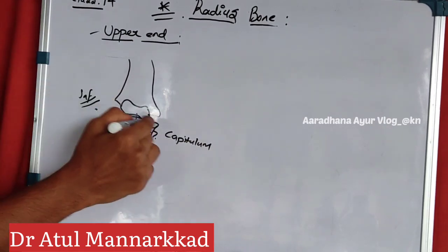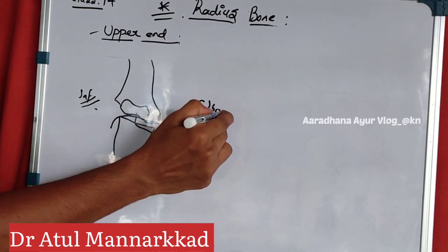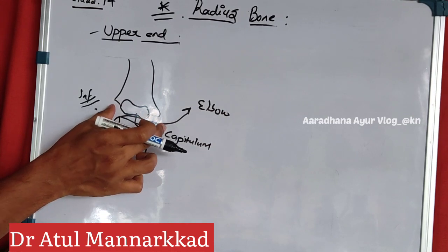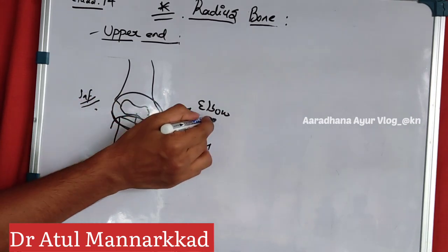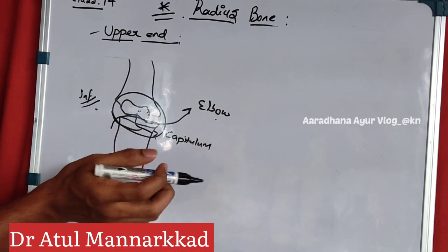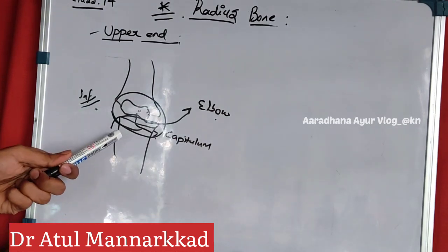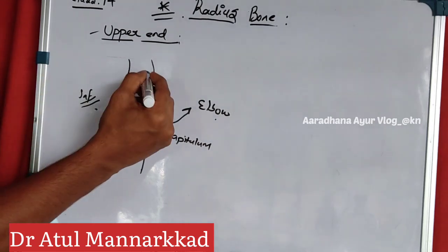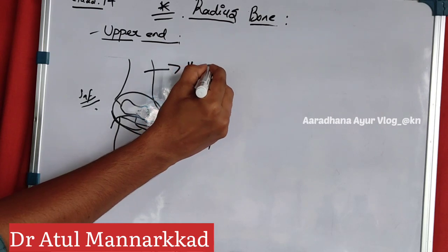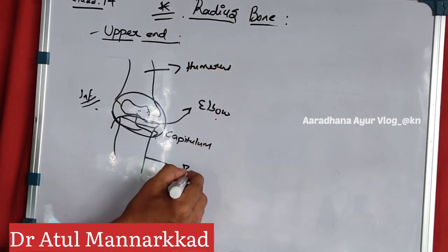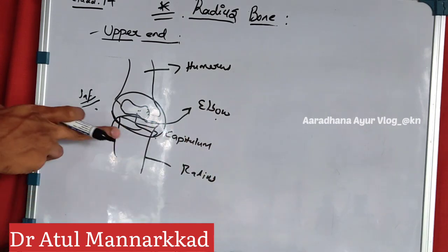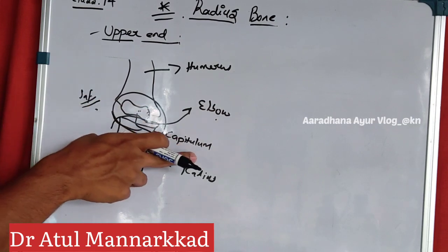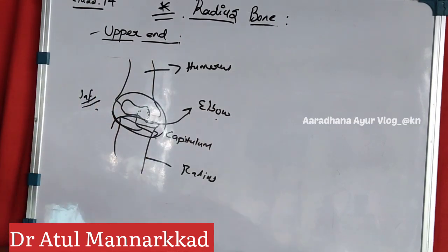Here is the elbow joint, and this part is the capitulum, which we talked about just now. The head of the radius articulates with the capitulum of the humerus. This is the humerus, and this is the radius. The superior surface is concave, and the head portion is here. It articulates with the capitulum of the humerus bone.